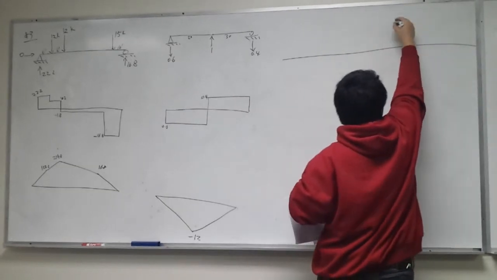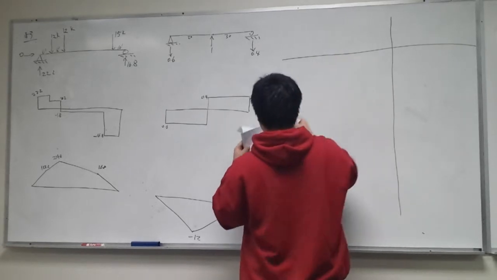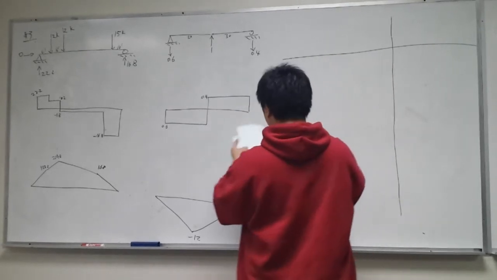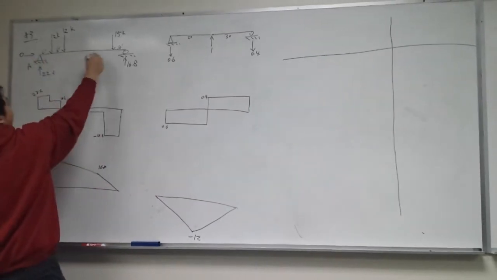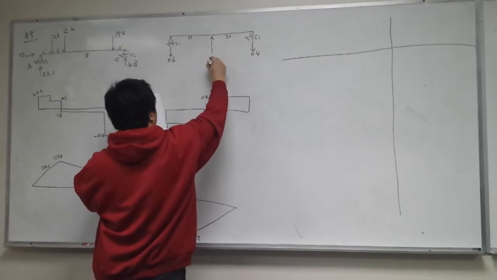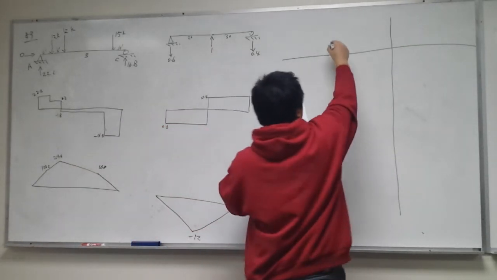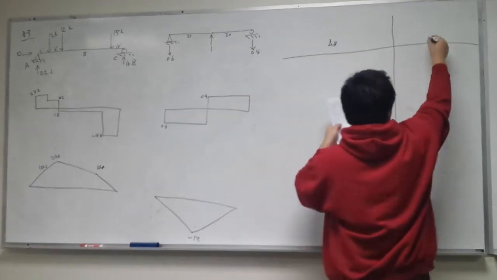This I call delta, because this one is A, this is B, this is C. So this thing is B, so I call it delta B. And this one is FBB.